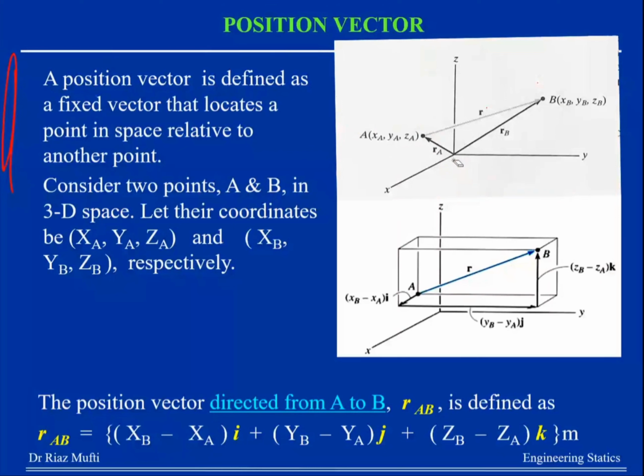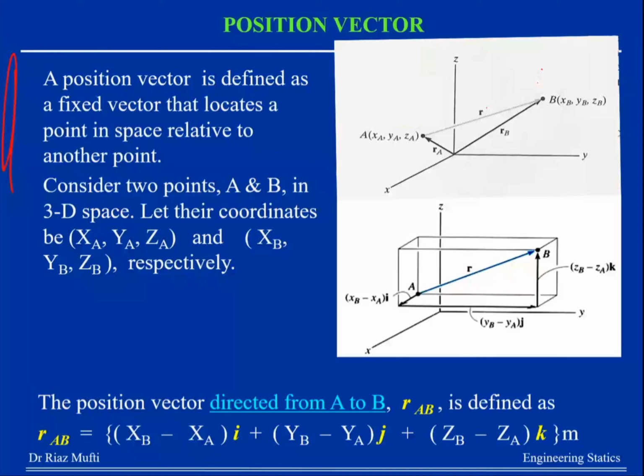All you have to do is subtract this from this. So xb minus xa will give you, it's difficult to visualize, so let's do z for me to explain. We've got zb and za.